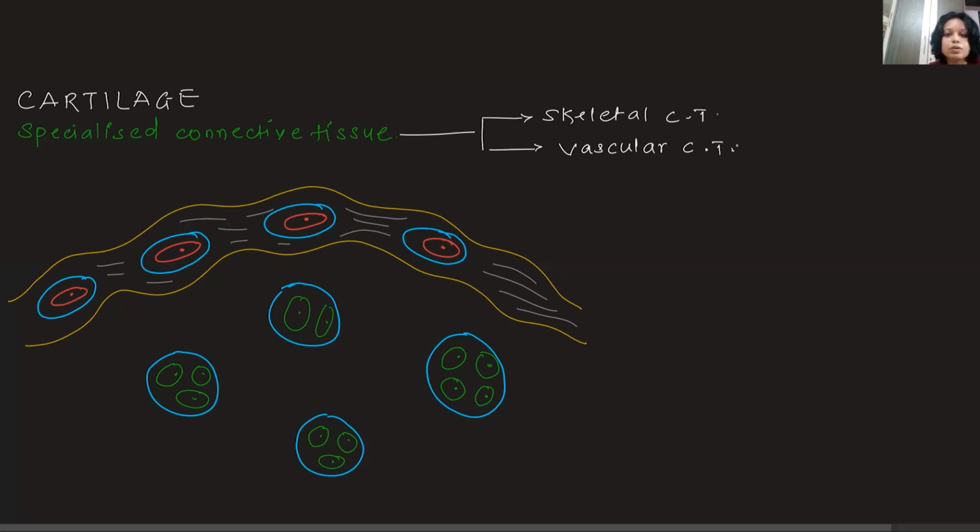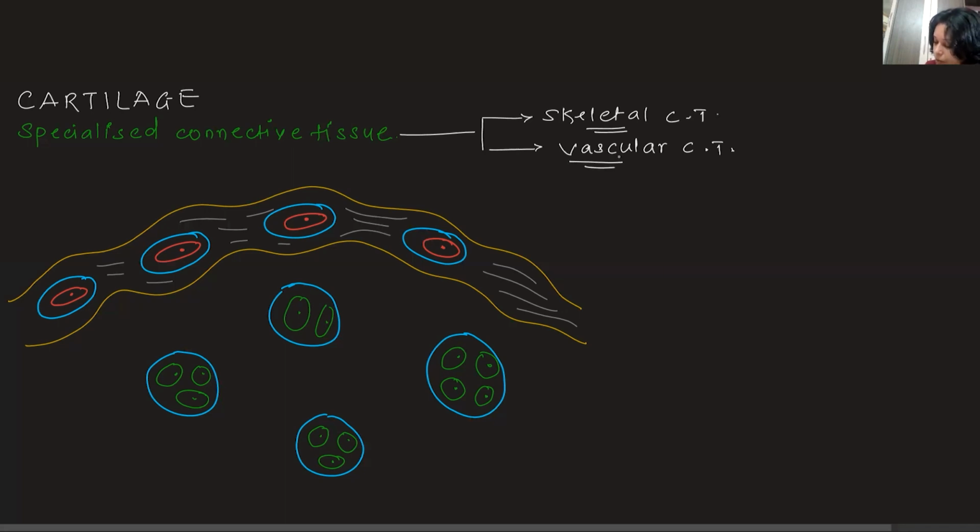First one is bone and the second example is cartilage. Both these structures, bone and cartilage, are forming endoskeleton. So endoskeletal elements are two: bone and cartilage in higher animals. That we are learning under skeletal connective tissue.